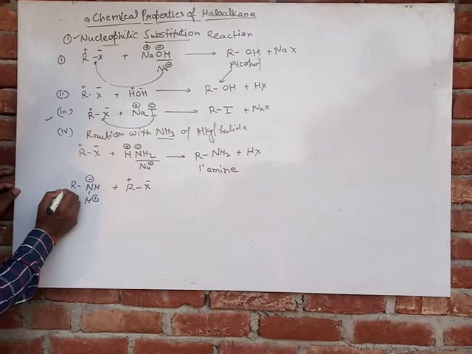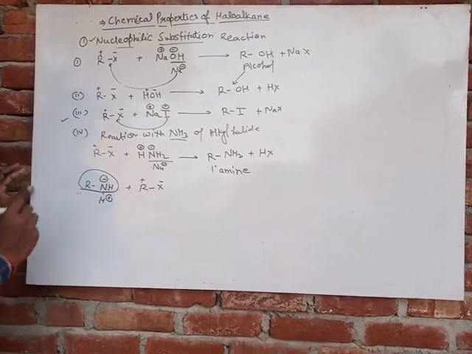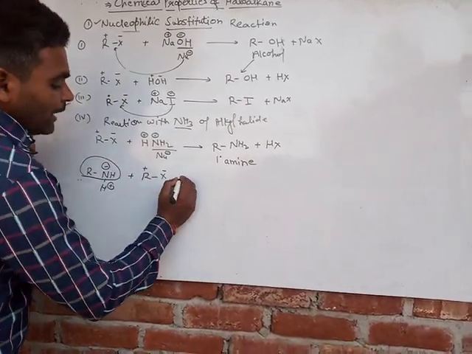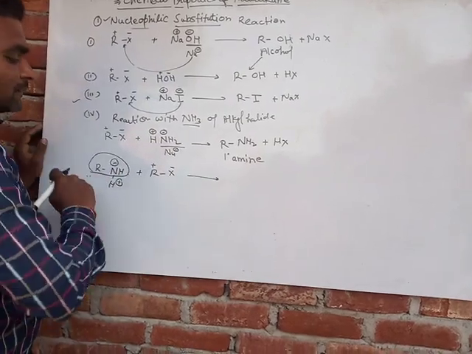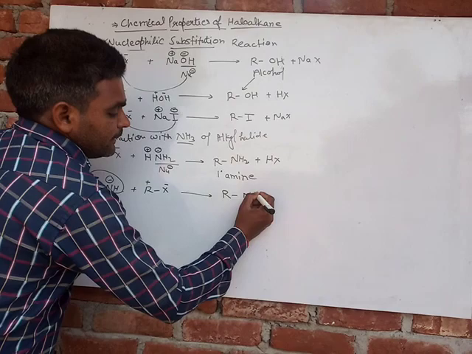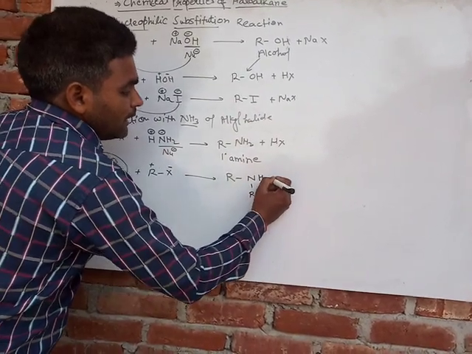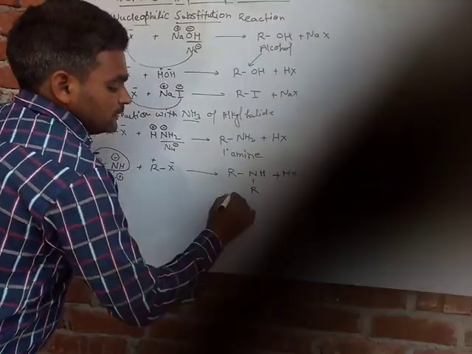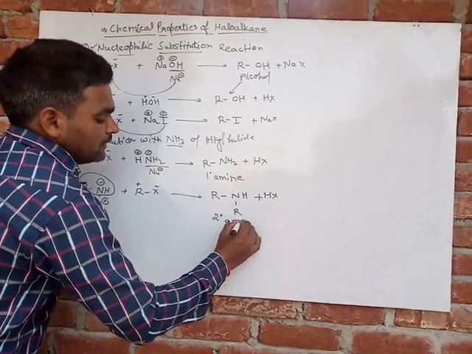So this part is the nucleophile, and it also reacts similarly to this reaction and forms R2NH and HX. This is the secondary amine.